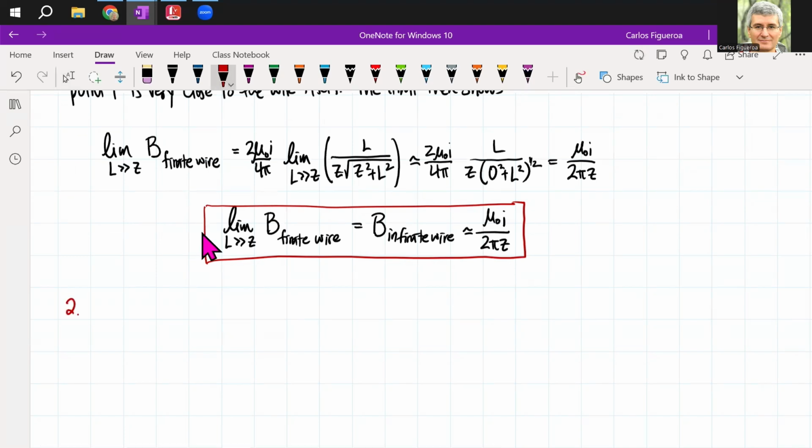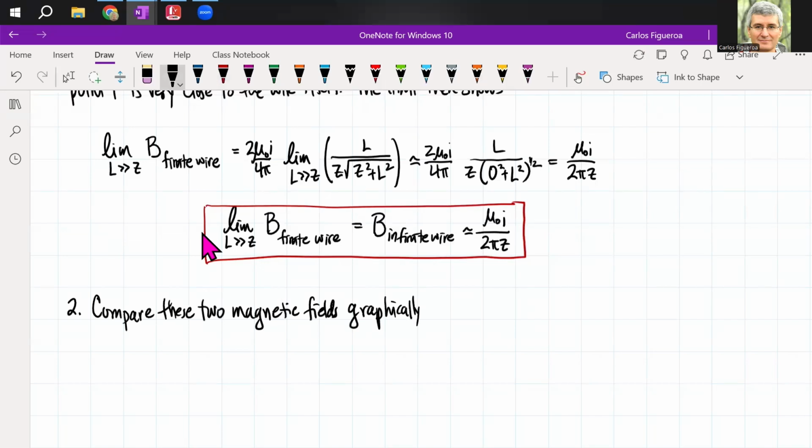What we want to do here is compare these two magnetic fields graphically to separate their identities.